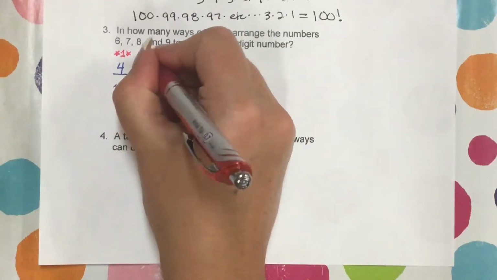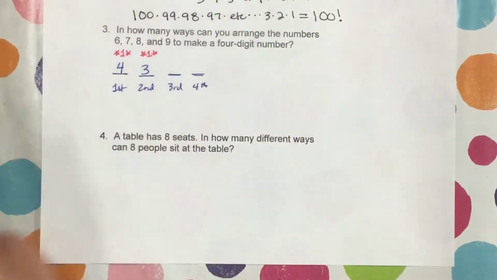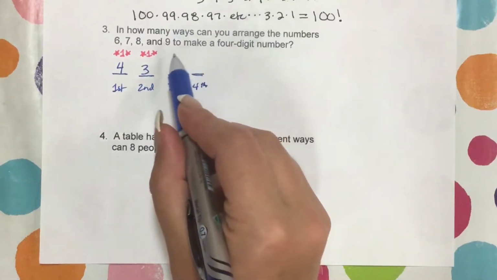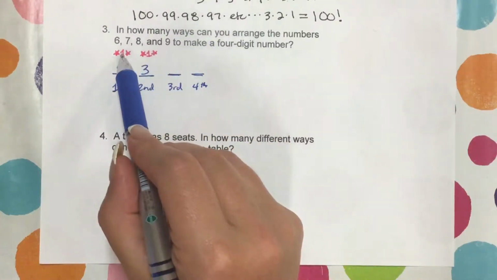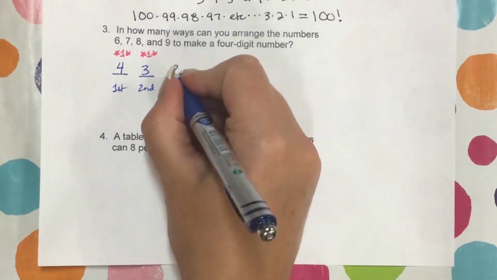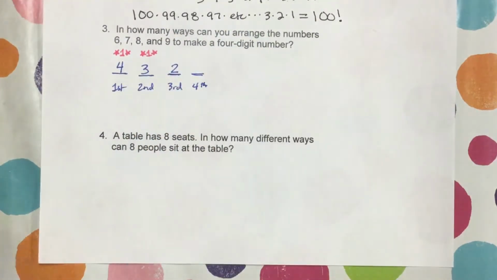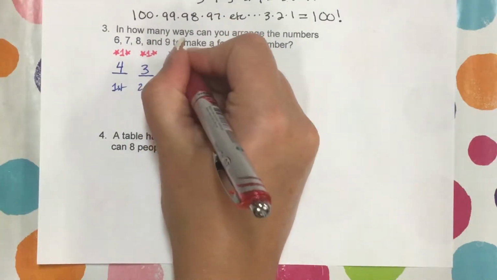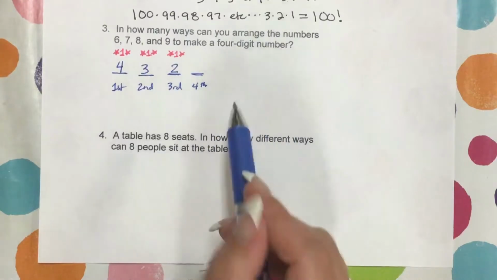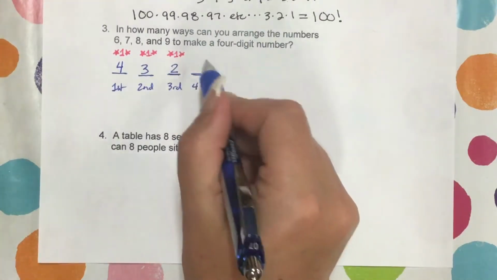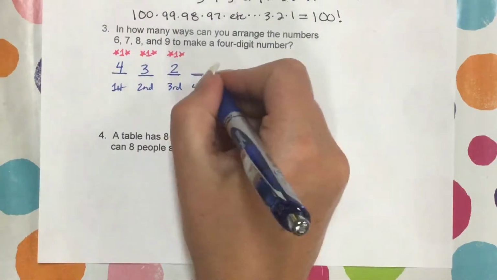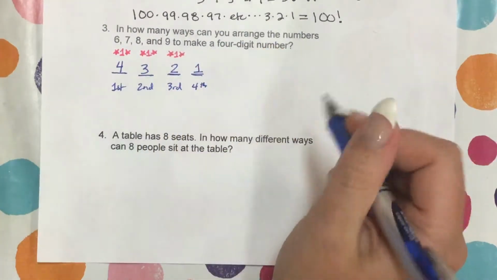When we get to the third digit, we started with 4 options, but there's 1 in the first spot and another in the second, so there are only 2 digits left. When we get to the 4th spot, we started with 4, but there's 1 digit in each of the other three spots, so there's only 1 digit remaining.